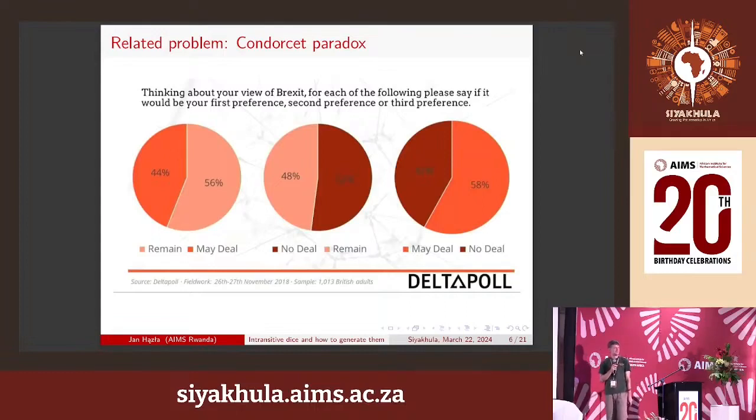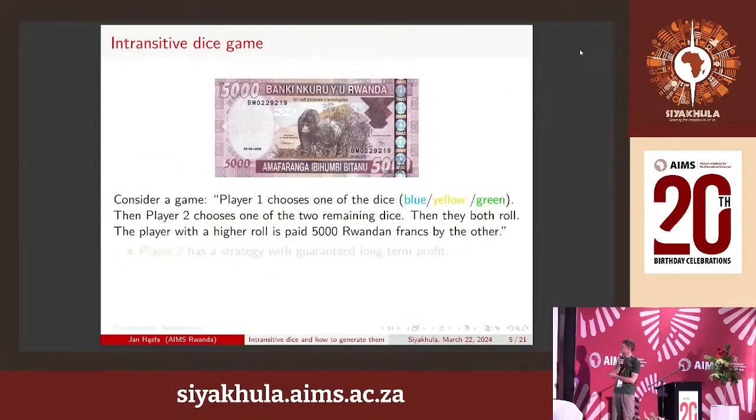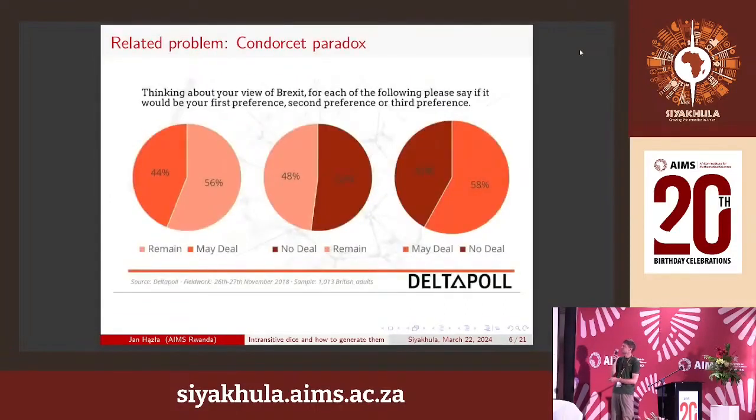So what's the next slide? On this? Yeah. I didn't want to go too much into this, but what is the relation between this Condorcet paradox and the dice?